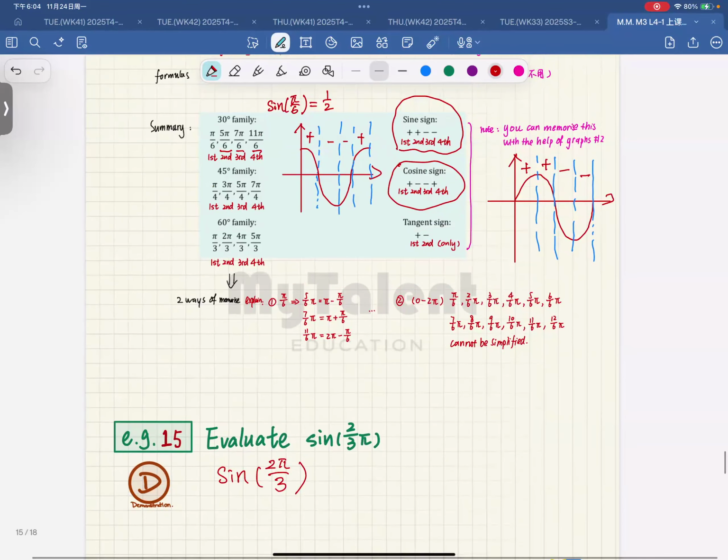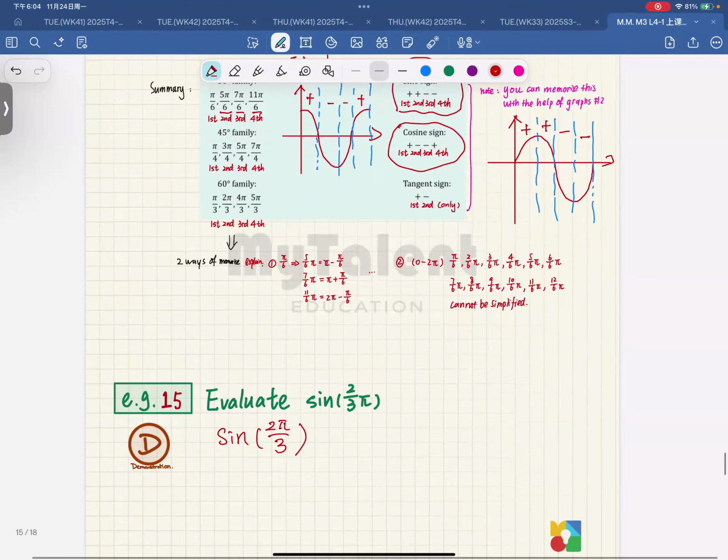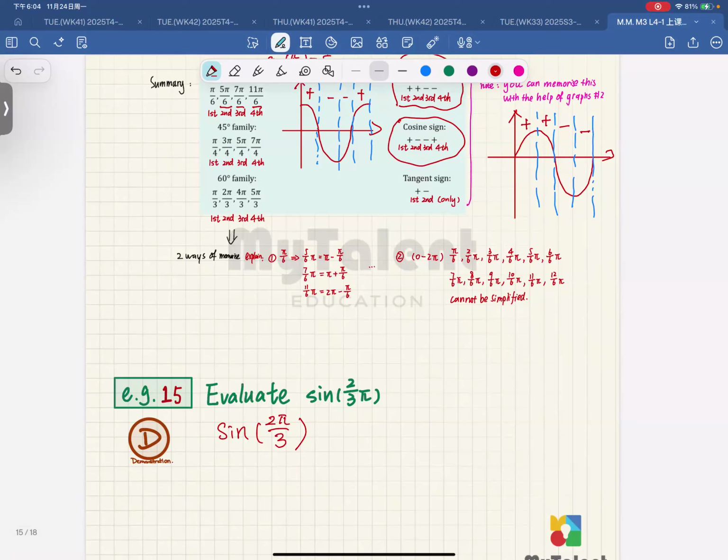Can you identify which family this one belongs to? The 60 family, right? Because it's in the 60 family, we already memorized sine. It's 1 over 2, oh no, what? Yeah, it's 1.